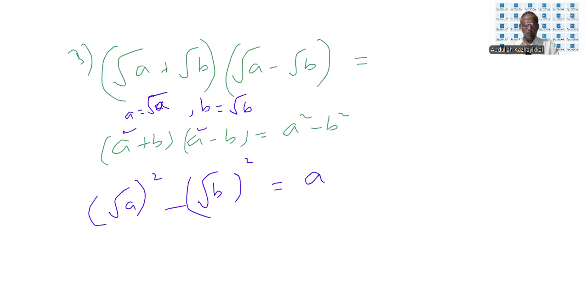That is B. So what is the answer? Root A plus root B into root A minus root B is equal to A minus B. All of you, please remember this: A minus B.